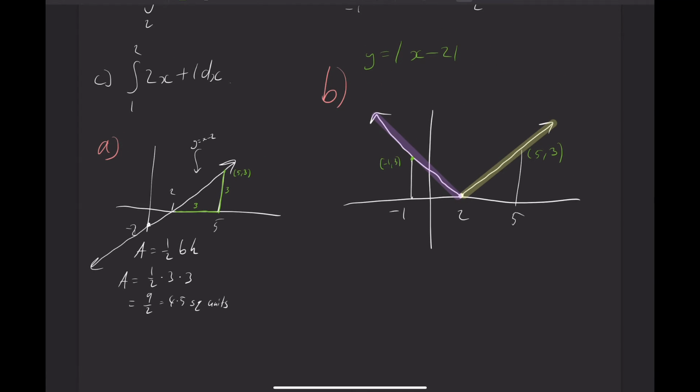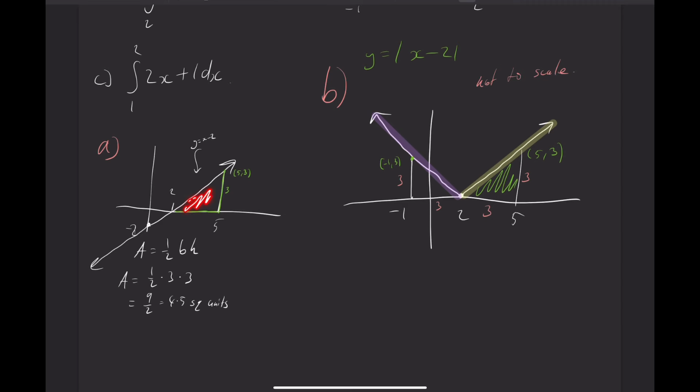So we don't need to do any more calculations after this. We have a triangle with base 3, height 3, and we have another triangle over here with base 3, height 3. Not to scale. So this area we already know.